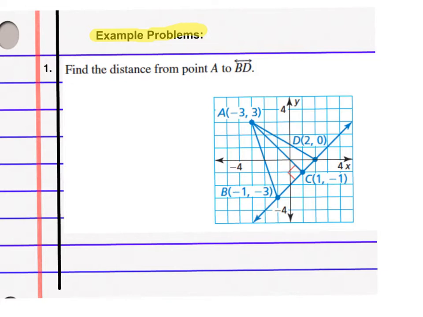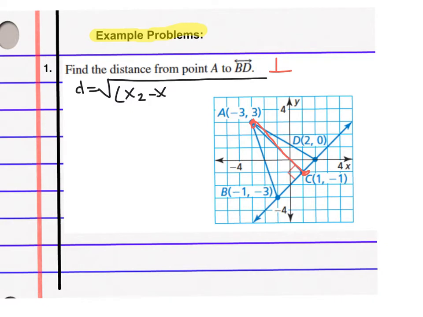Now, we just talked about in the notes that we want the shortest distance from point A to BD, which should be the perpendicular. So here is point A, and we're going to travel all the way. We want the distance of AC. I'm going to use my distance formula, in case you've forgotten that from chapter 1.